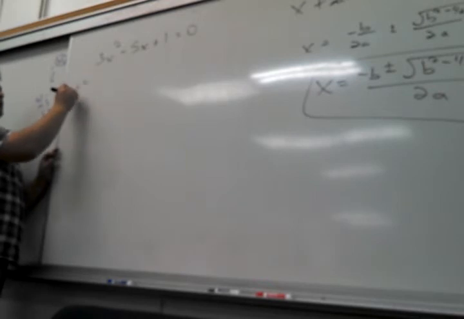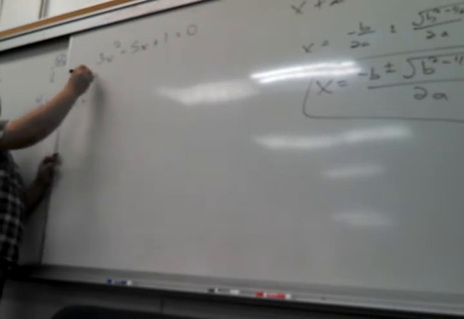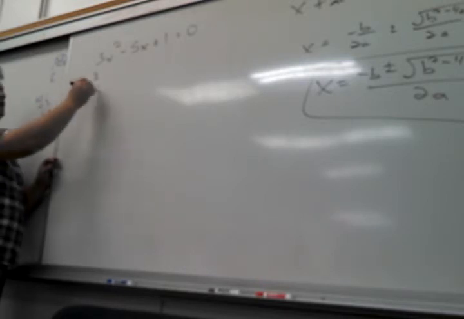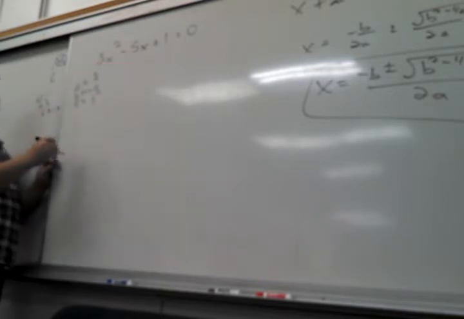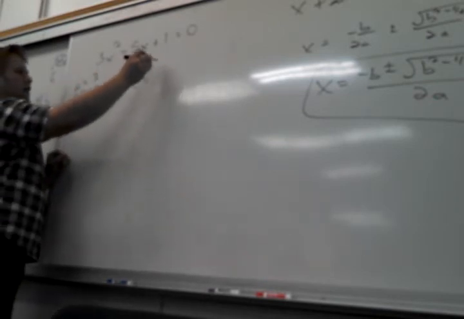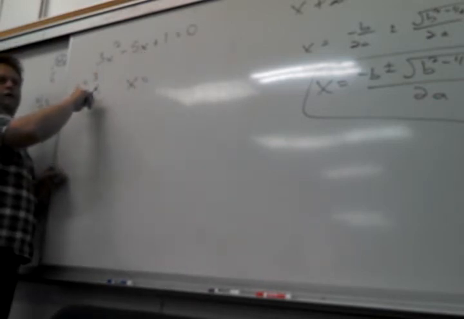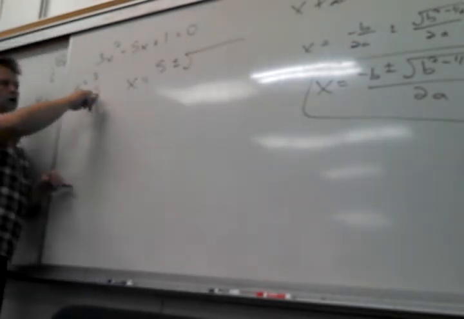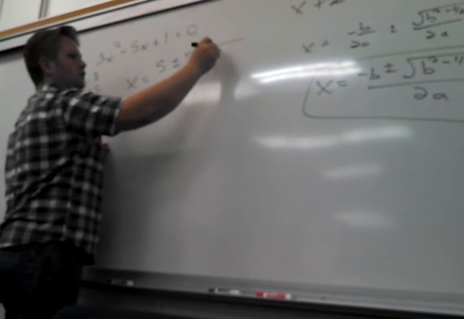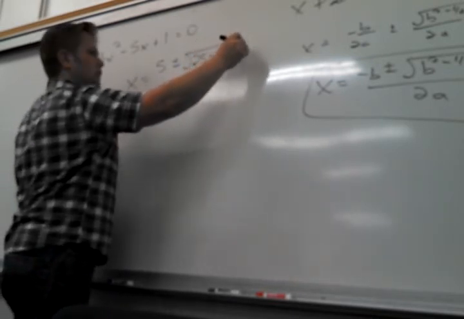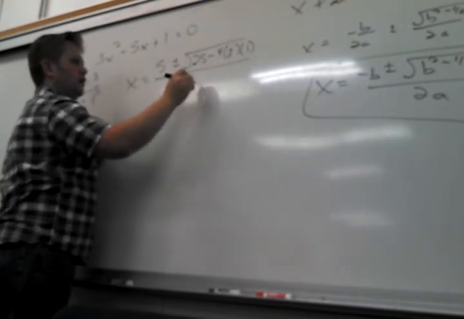So what's a, what's b, what's c? What's a? 3. What's b? 5. Say b again? Negative 5, good. So b is negative 5. c is 1. And now I just have to plug and chug. So x equals negative b, so negative negative 5, give or take the square root of b squared, 25, minus 4 times a times c, all over twice a.